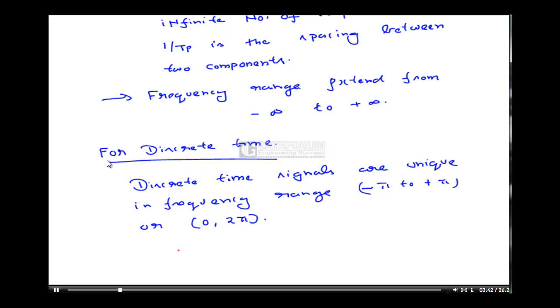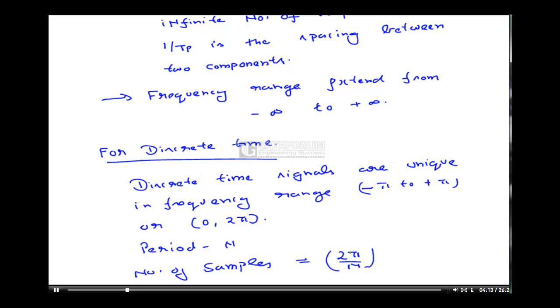So the period in the frequency domain, the period for DTFT or DTFS, is equal to 2 pi. Then how many samples can we have? Suppose the period is N, then the number of samples is 2 pi by N. That means there can be at most N frequency components present in the Fourier transform of a discrete time periodic signal.